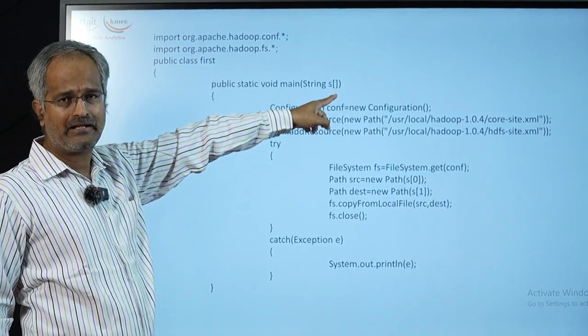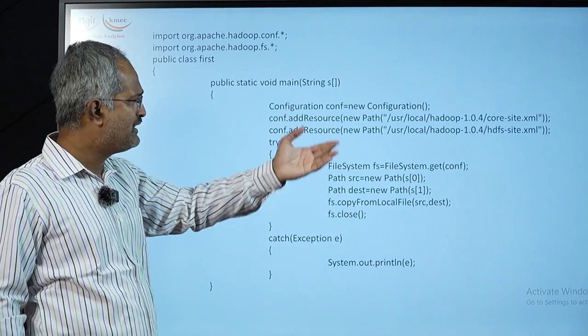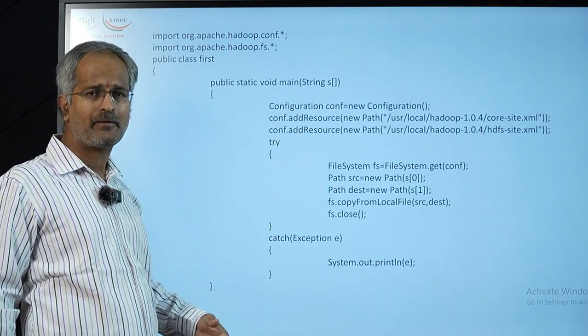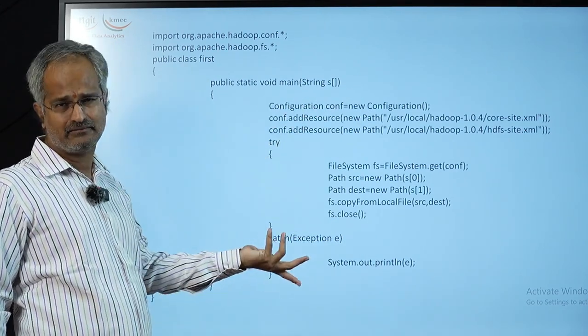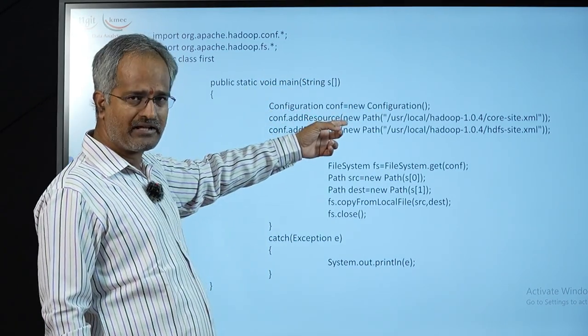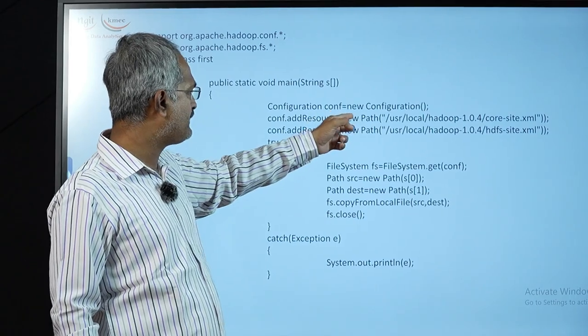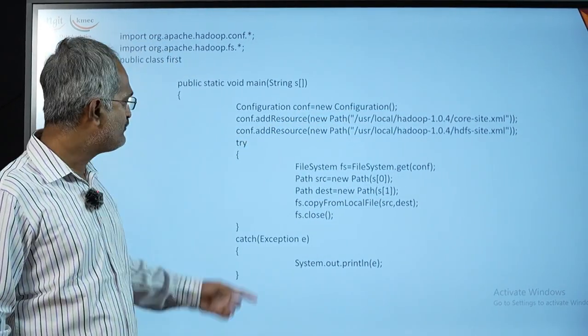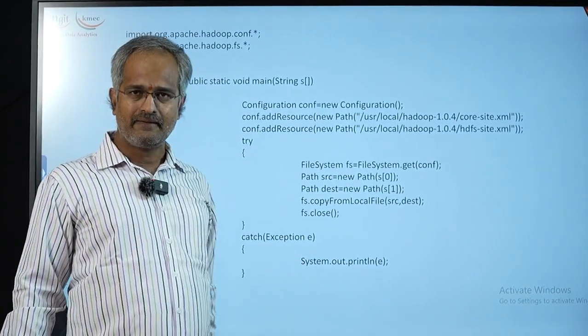Because of that, we can take s[0] and s[1]. In regular Java programs we use args. That is also okay; I am taking s. Configuration: we are creating the configuration object, Configuration conf = new Configuration(), and then addResource.